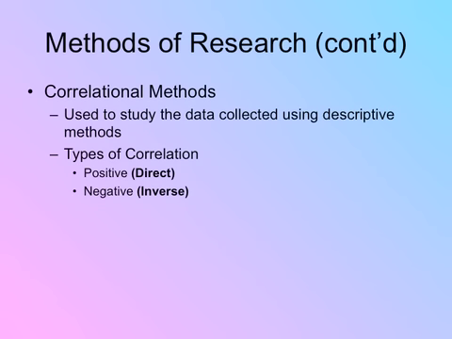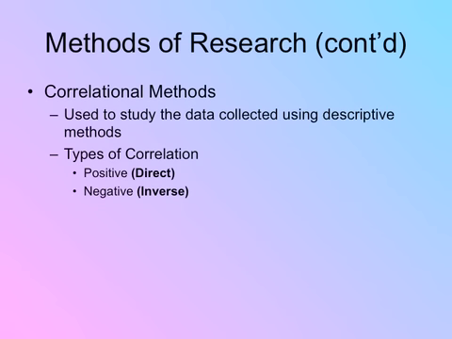Maybe we'll end up finding with the data that's collected on our survey that we have a direct correlation between amount of time devoted to studies and GPA. That would be the more you study, the higher the GPA, the less you study, the lower the GPA. That's an example of a direct correlation or a positive relationship.